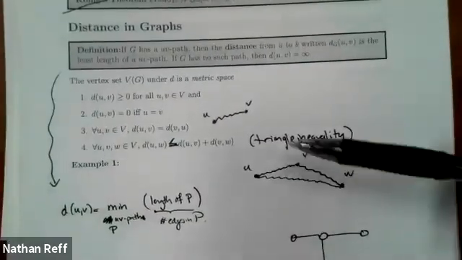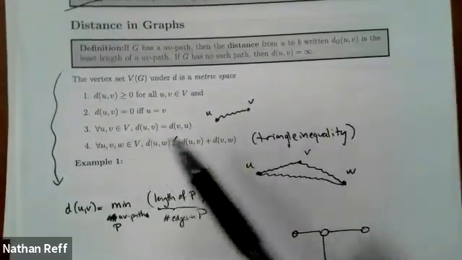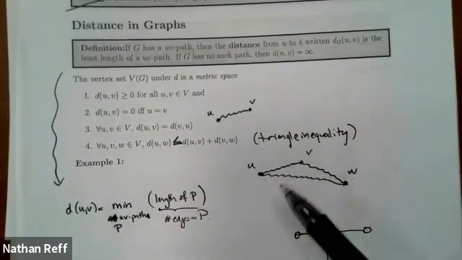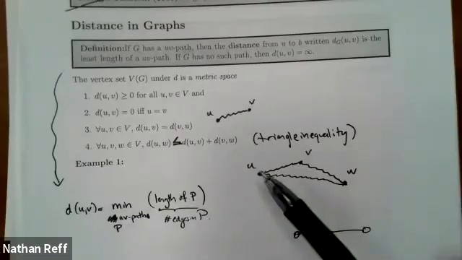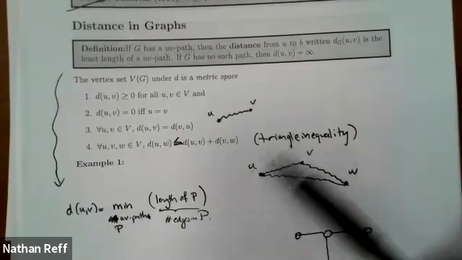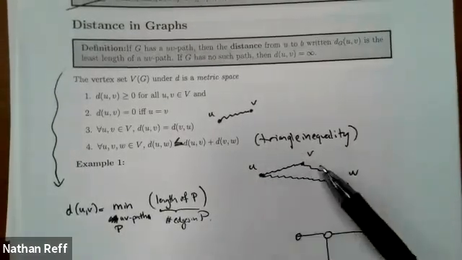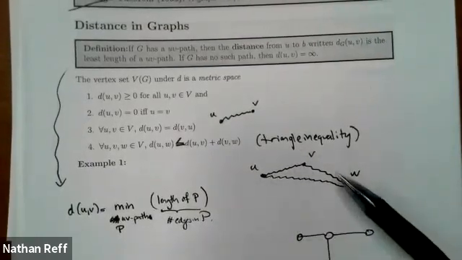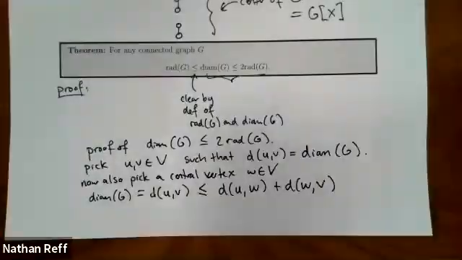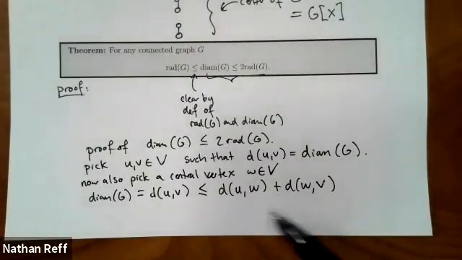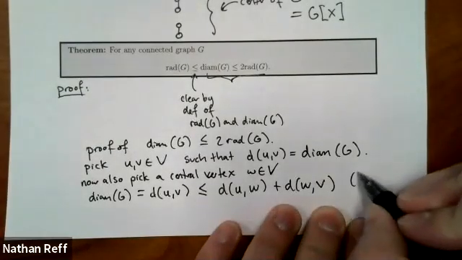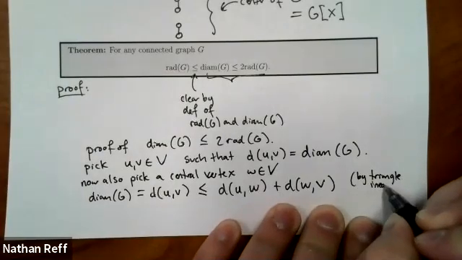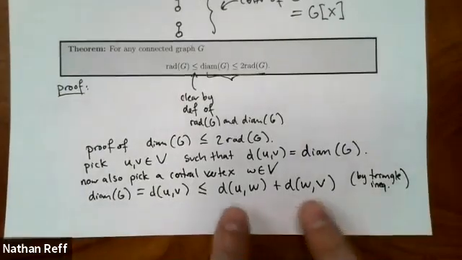If you go back to your distance function, you have this triangle inequality here: if you pick any three vertices, the distance between U and V would have to be less than or equal to the sum of the distances from U to W and then over here. Okay with that? So this is by triangle inequality, okay?